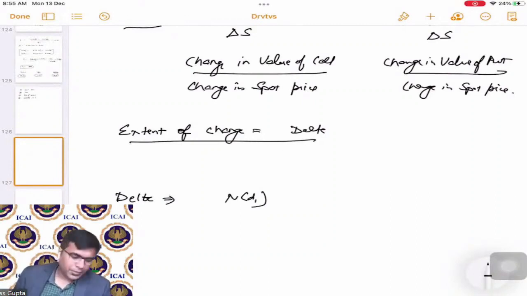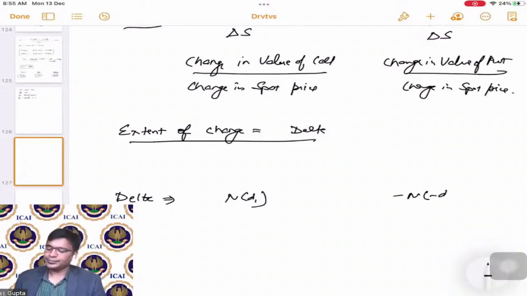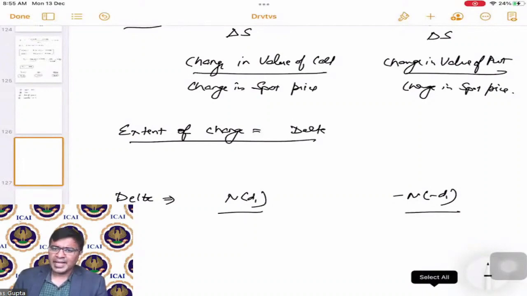And the delta for a put option is equal to minus N(minus d1). This is the delta of the call option, and this is the delta of the put option.